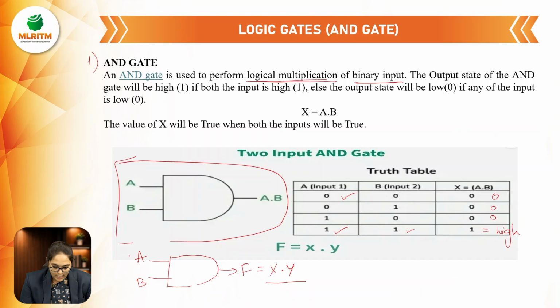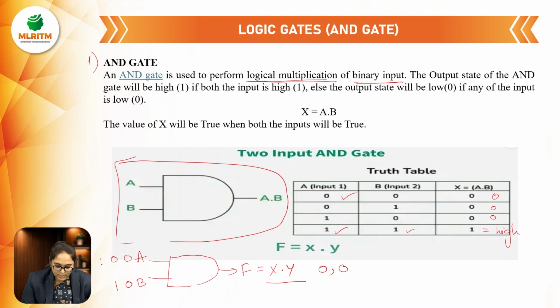If A is 0 and B is 0, then the result is 0. If A is 0 and B is 1, then the result is also 0. If any one of the inputs is 0, the result is considered 0.